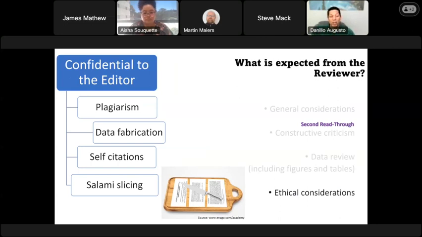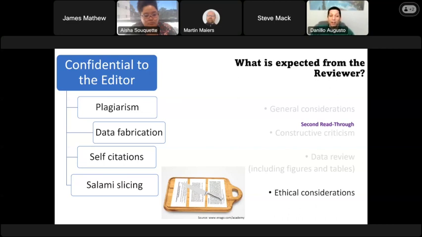You might be suspecting that there is maybe plagiarism here, or maybe you are not confident with the data, maybe there is some data fabrication, maybe you spot too many self-citations and you think that maybe it's not the right way to do it. Or when you are reviewing the paper, you went to PubMed to see prior research and you saw that those same authors are publishing a series of very similar papers in sequence, what we normally call salami slicing.